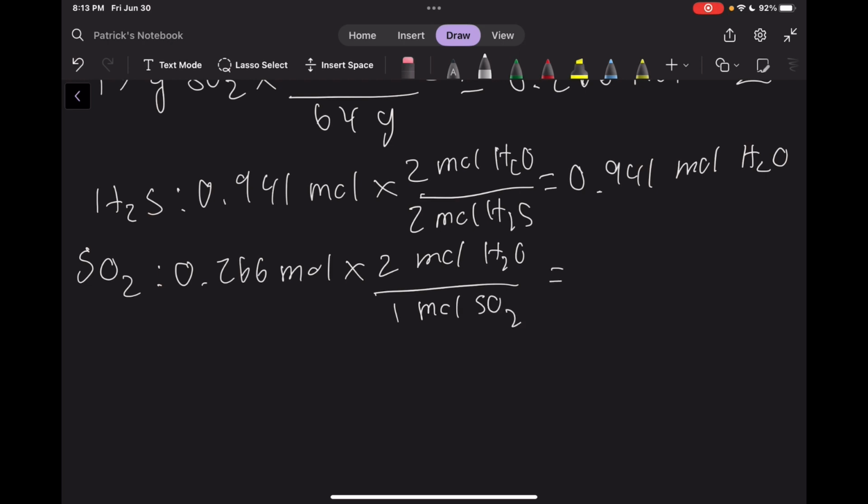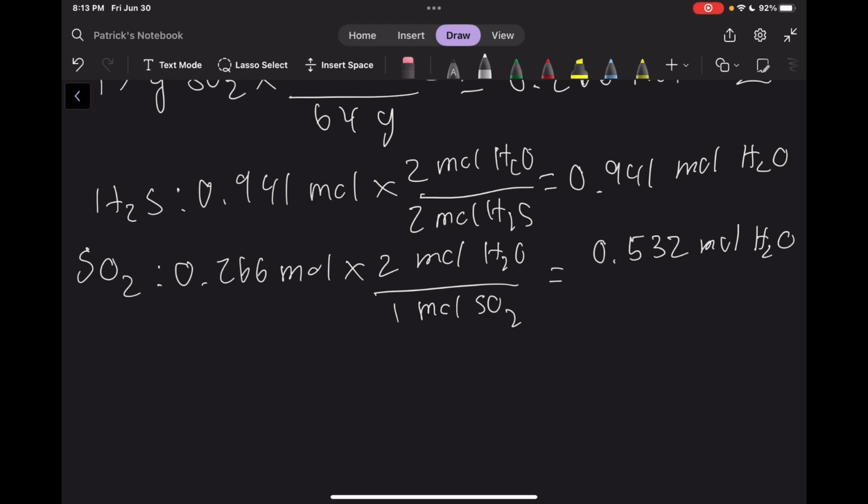So sulfur dioxide produces 0.532 moles of water. This is all according to the product method. Since sulfur dioxide produces less water, it's the limiting reactant, and we will use 0.532 moles of water as our basis of calculation for our next step.